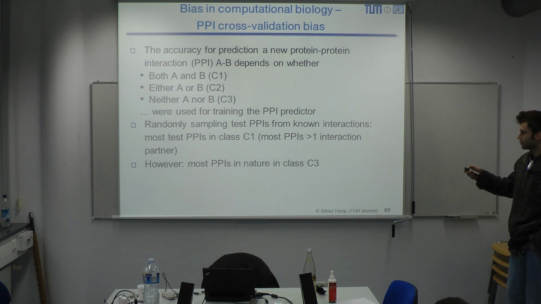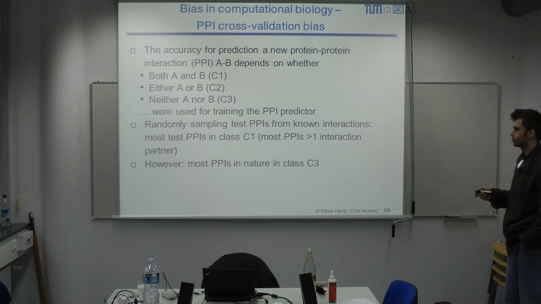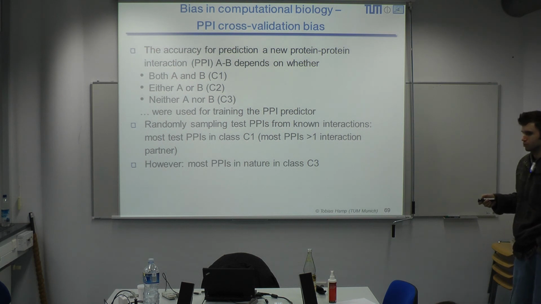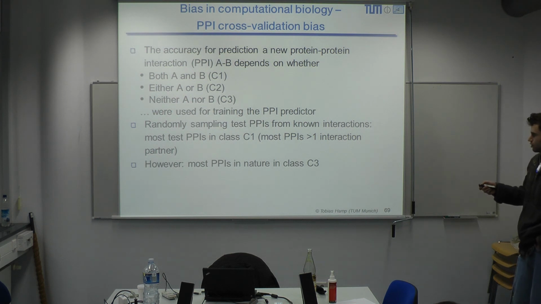The author who made this discovery used a neat trick, but essentially his method is that the accuracy for predicting a new interaction depends on whether A and B, either of the two or none of the two, were used for training.